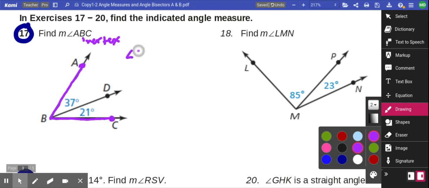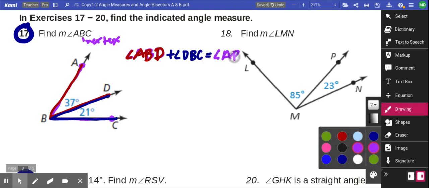There is angle ABD, and there is angle DBC. And I know that these two angles put together are going to make angle ABC.